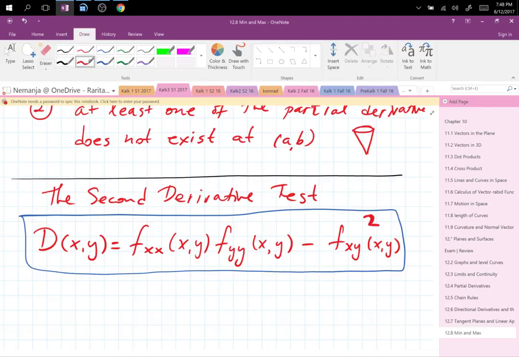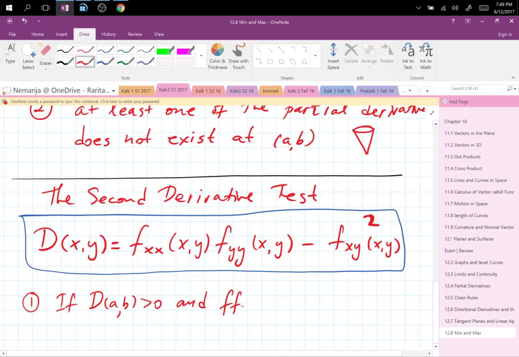And the theorem says this. If D computed at (a, b) is larger than 0, and the second partial derivative f_xx computed at (a, b) is less than 0, we have a max.